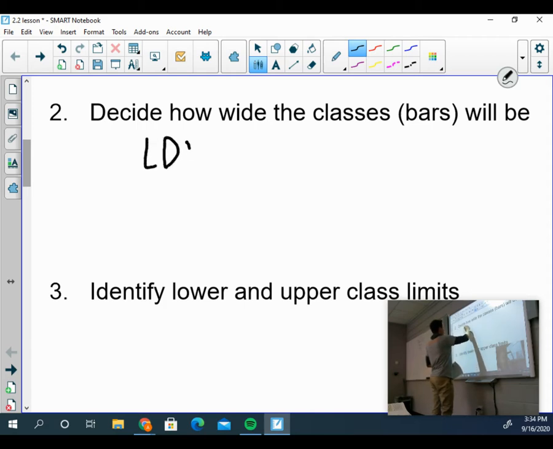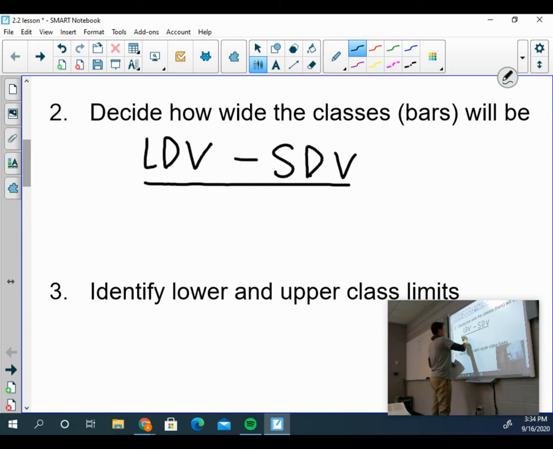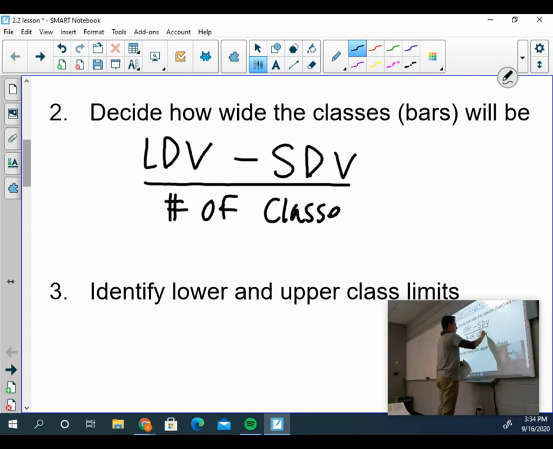I'm going to label that LDV. Again, that's largest data value, minus your SDV, or smallest data value, divided by how many classes you want, your number of classes. Again, I'd take a second. Please make sure you write down all these steps in order. It is important you know how to do these.